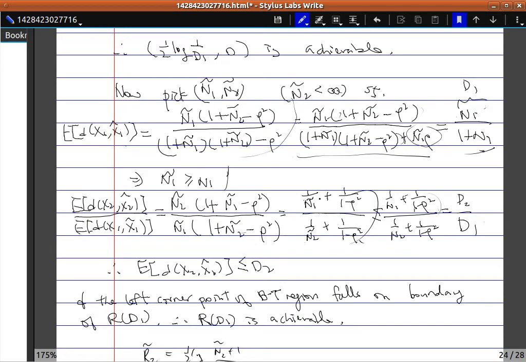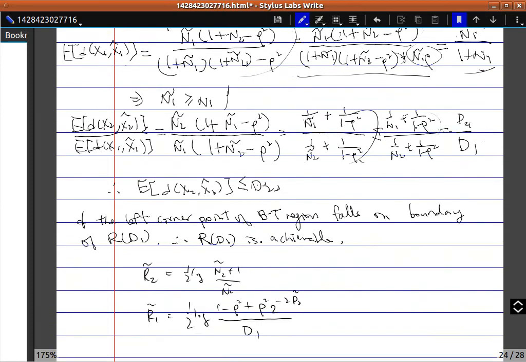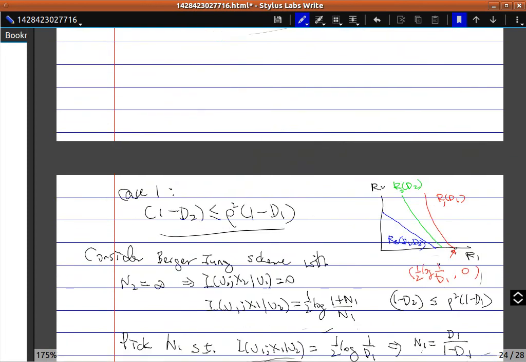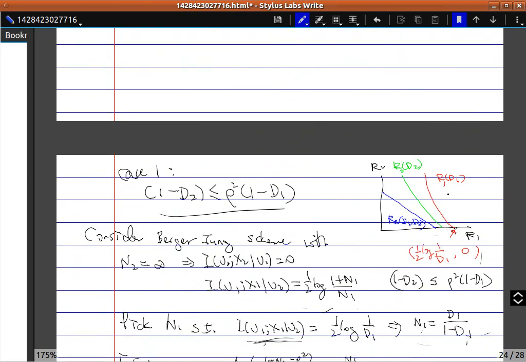This means that the new distortion d2 is smaller than the original d2, so the distortion constraint is also satisfied. So for this particular choice of m1 tilde and m2 tilde, we will have some region that satisfies our constraints D1 and D2.